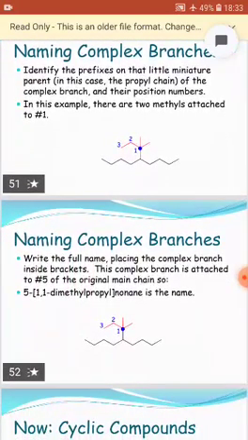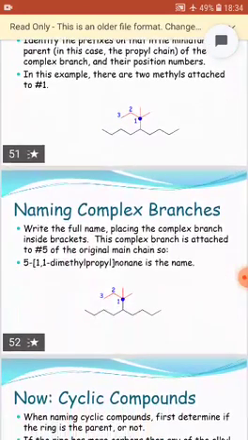Naming complex branches: write the full name, placing the complex branch inside brackets. This complex branch is attached to position 5 of the original main chain. So 5 dash bracket 1,1 dimethyl propyl bracket close nonane is the name.